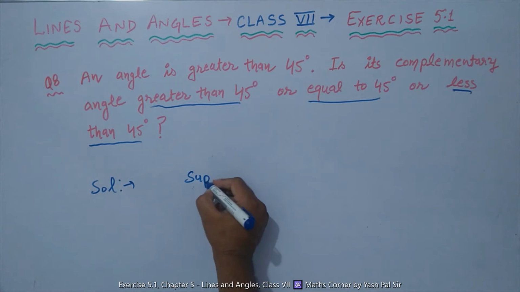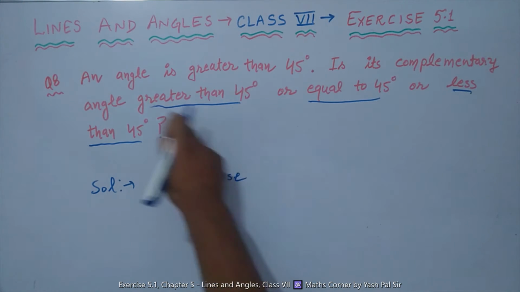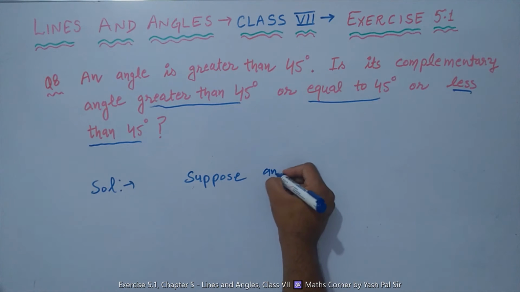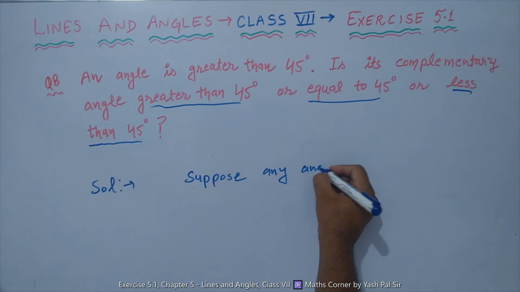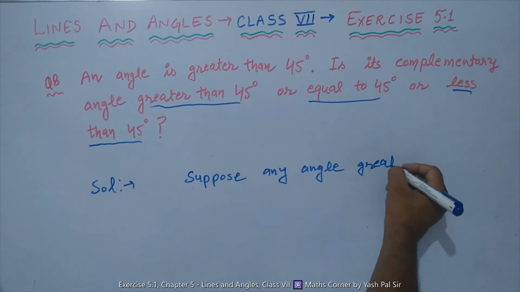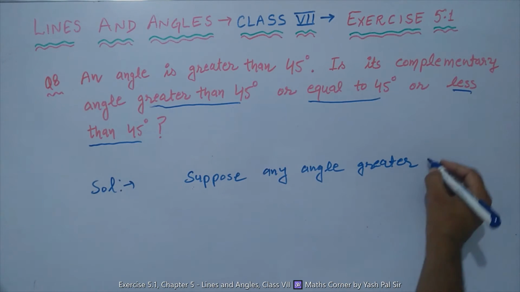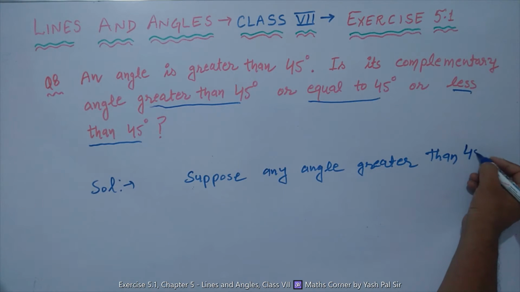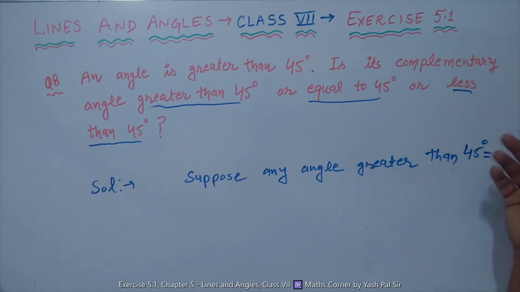Suppose an angle is greater than 45 degrees, just one degree extra. What is that? 46 degrees. We suppose one angle equal to 46 degrees.